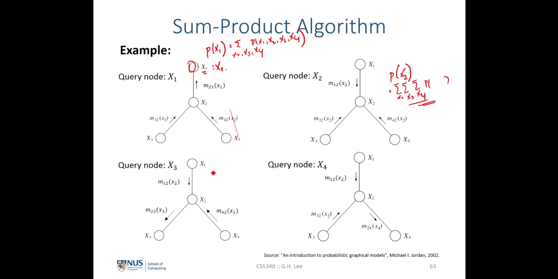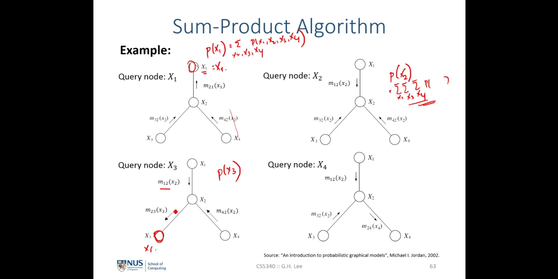And similarly, if we want to compute the marginal probability of x3, we will need to compute the message from x1 to x2, which we call M12, as well as M42, the message from 4 to 2. And then we'll pass this collectively into the root node of x3, which we consider as the root node here because this is our query node that we are interested in, the marginal probability of x3.